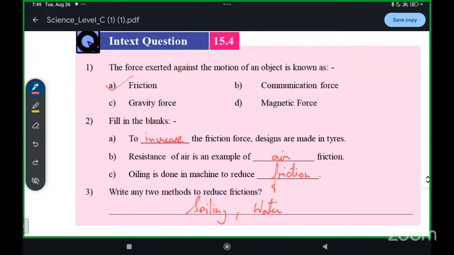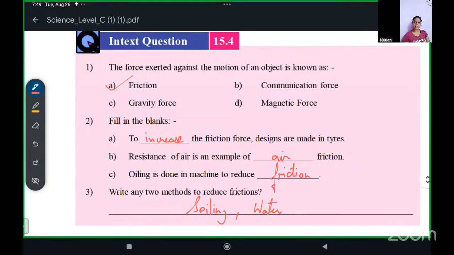Even oil is used to reduce friction. For different things, different substances are used. Some people use soil, water is used at some places, oil is used at some places.